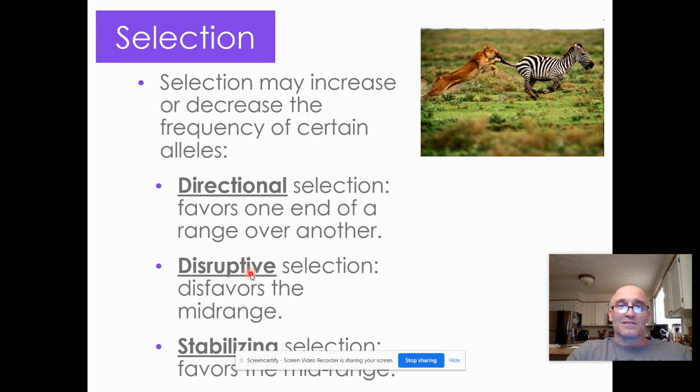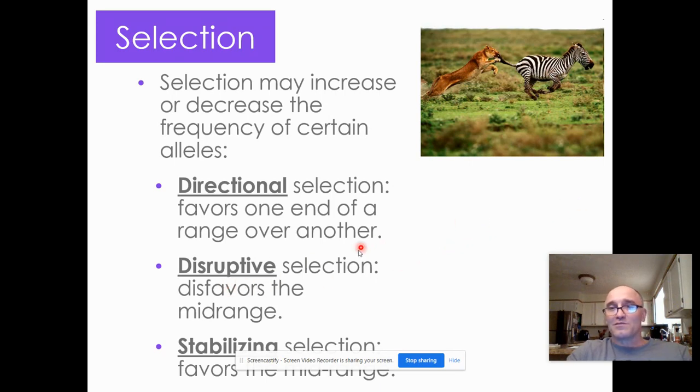Disruptive selection would be where an average height or something is not a good thing. So either being really tall or really short, both of those would increase and the average would decrease. Again, directional means just one direction.